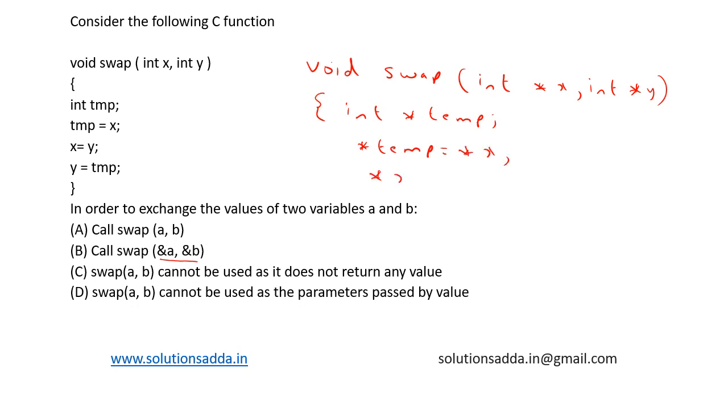Content of x is equal to content of y. Content of y is equal to content of temp. And calling swap of ampersand a, ampersand b. This is the correct code to swap the values of two variables a and b. So based on the options, option D is the correct answer here.